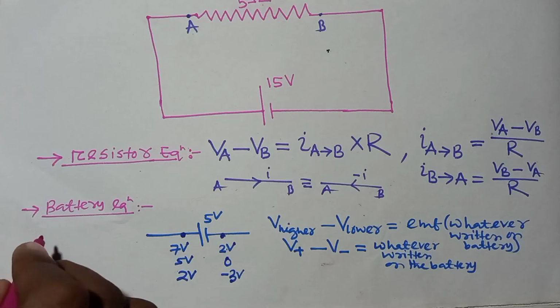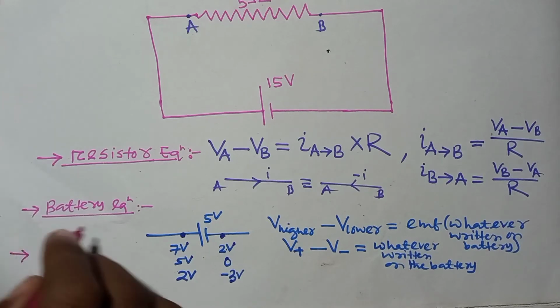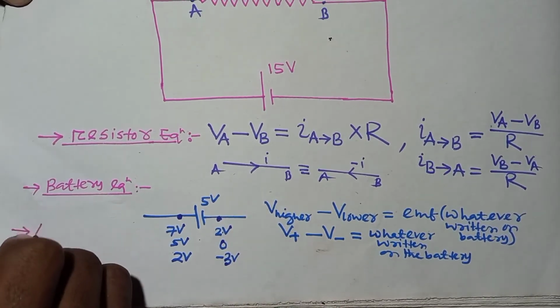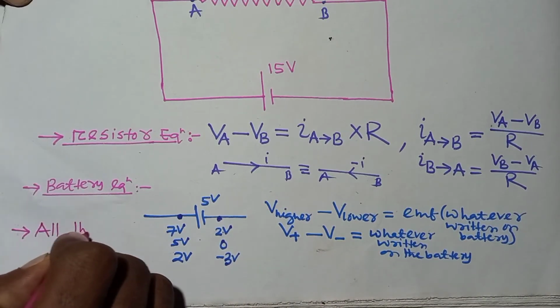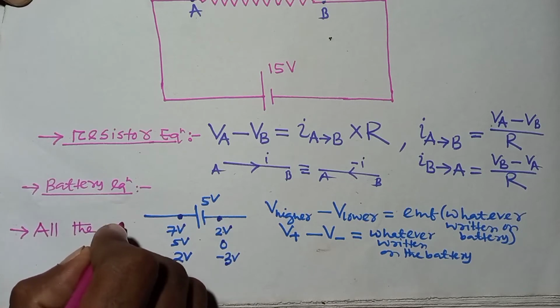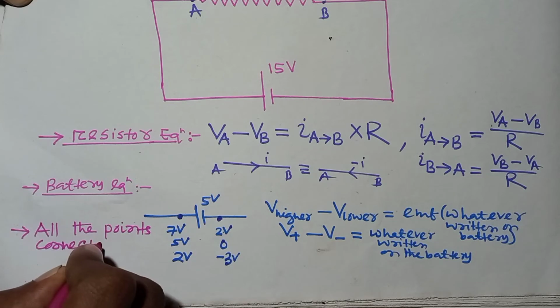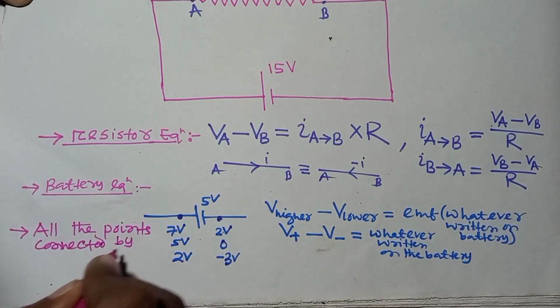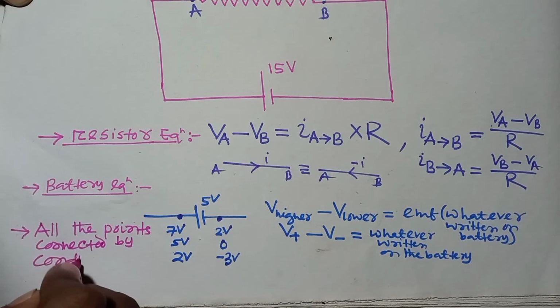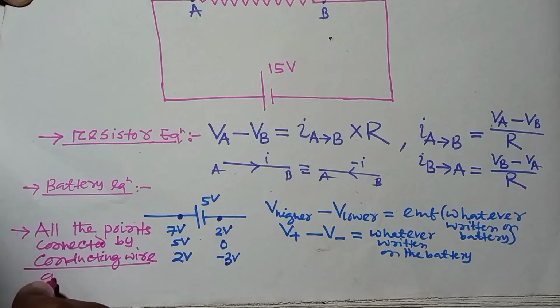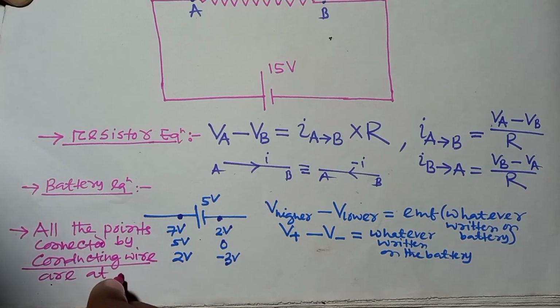The third very important point is that all the points connected by a conducting wire are at the same potential.